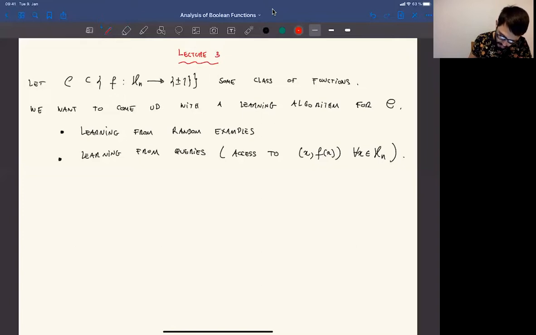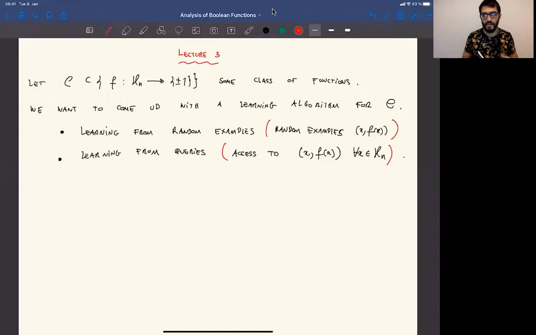While in the first, the only thing I get is random examples of entries x and answers f of x.